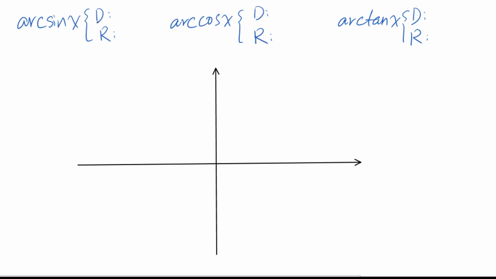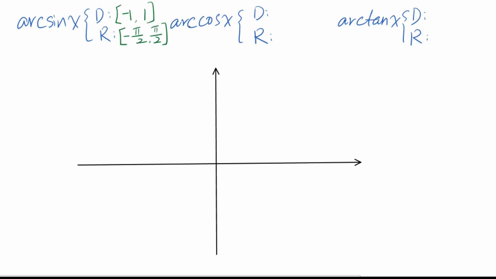First of all, let's talk about properties of inverse trig functions. For arcsine x, the domain is the closed interval from -1 to 1. The range is the closed interval from -pi/2 to pi/2.